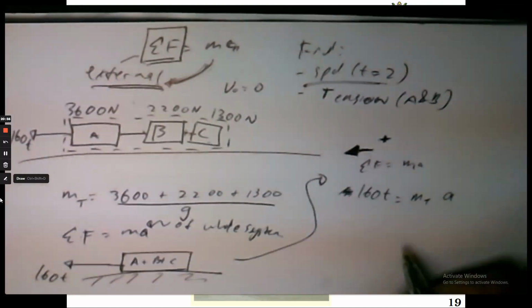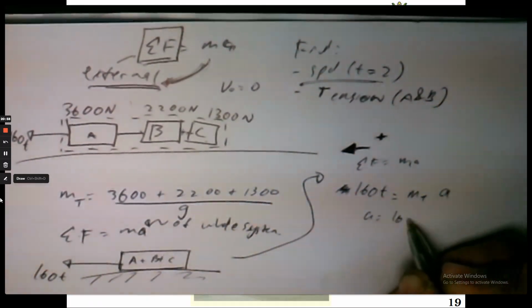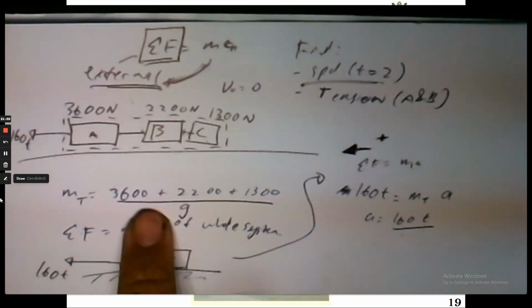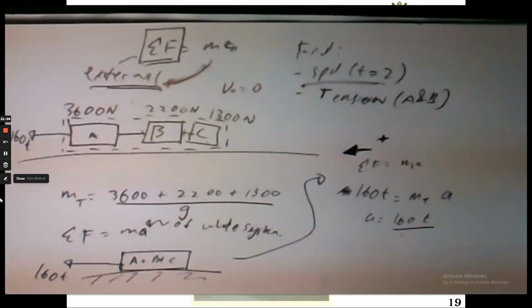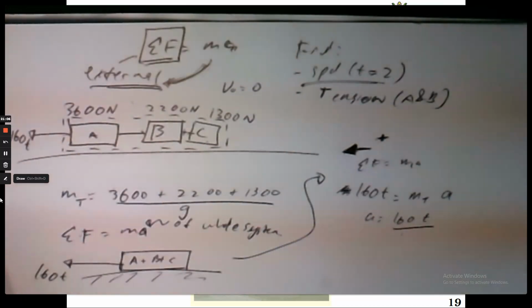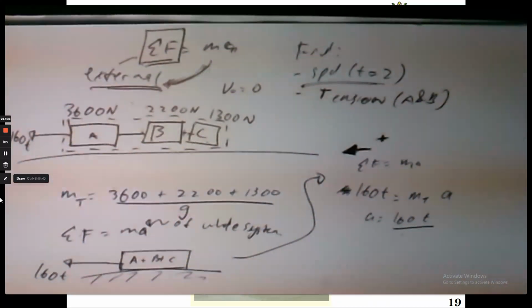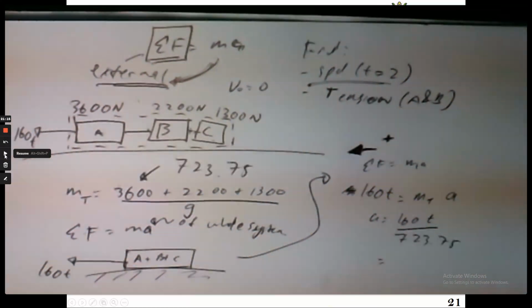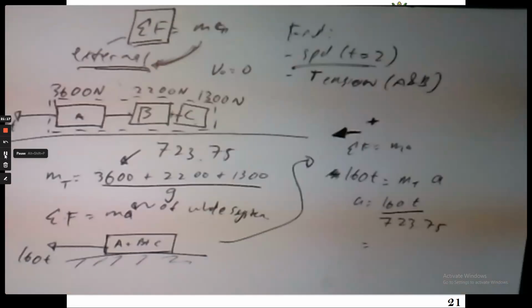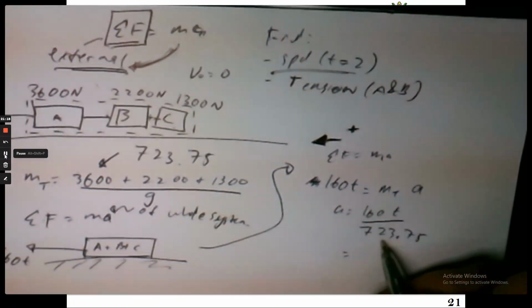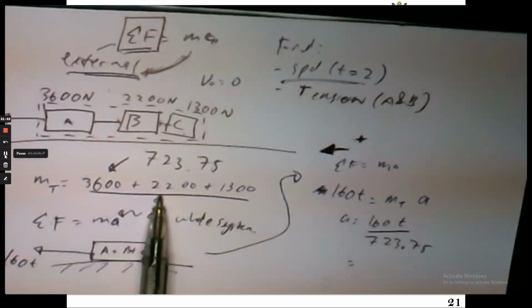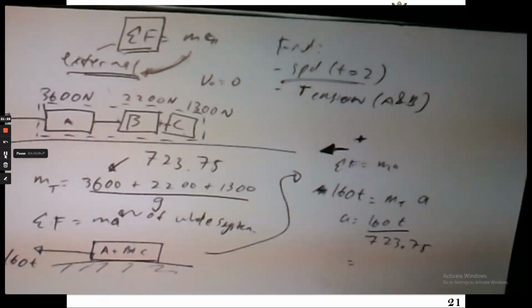So a equals 160t divided by M total. M total is this number. Let me run the number. I got 723.75 for this, the total mass.